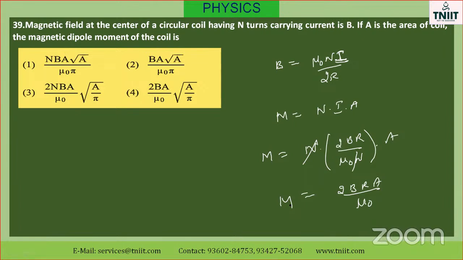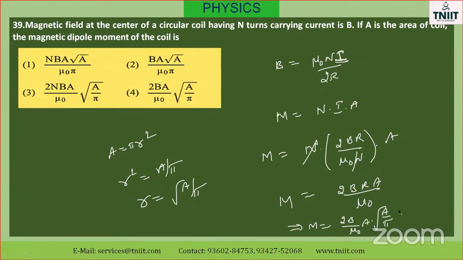You should not get R also, because the options do not have R. So you know the formula for area, that is pi R squared. R squared is area by pi. R value will be root of A divided by pi. In the place of R, I can substitute root of A divided by pi.